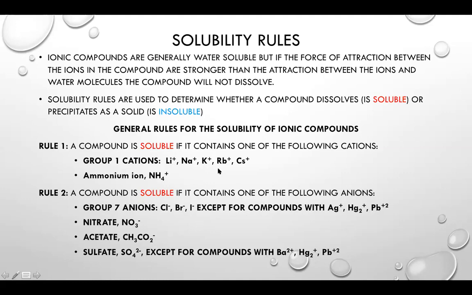So this is one of the rules that has an exception. If the compound has nitrate in it, NO3 minus, it's also going to be soluble. If it has acetate in it, CH3CO2 minus, it'll be soluble. And if it has a sulfate, it will also be soluble, except for compounds with Ba, lead, and mercury.